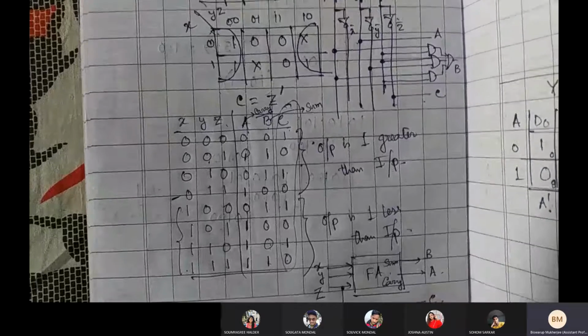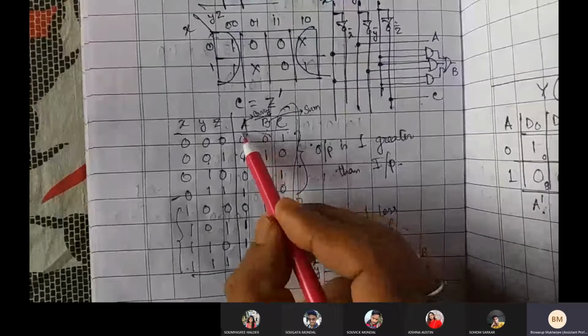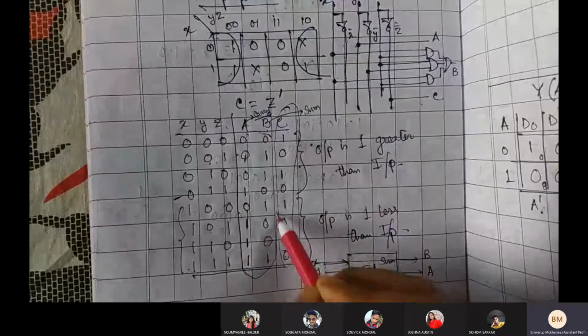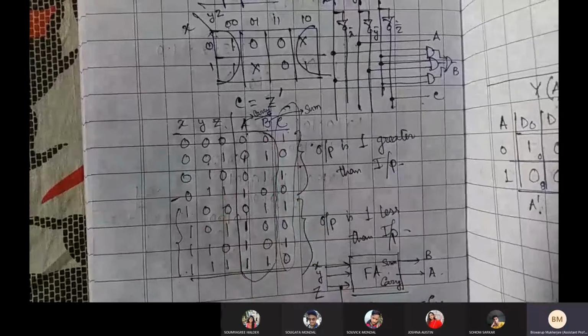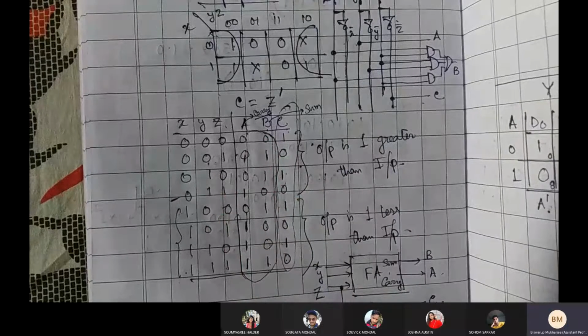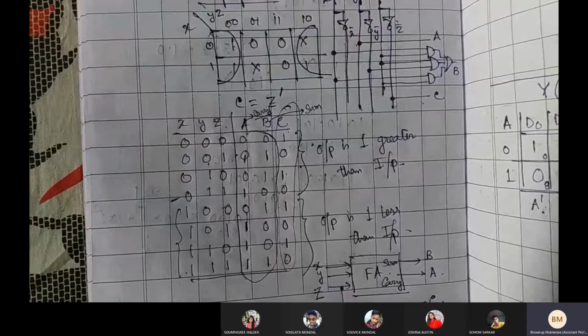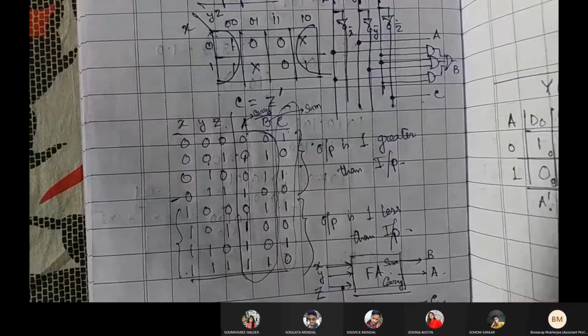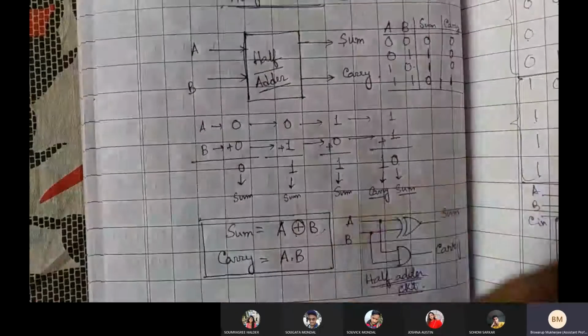So the z can be inverted to provide you the c. So even this logic is valid. There are various ways you can check if it's working for a full adder. It's so interesting. That is the reason Josna got that from somewhere, I think.